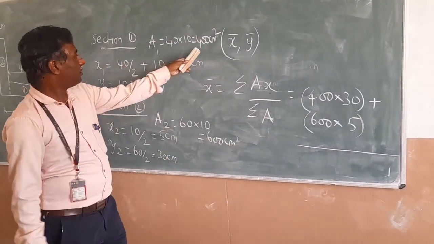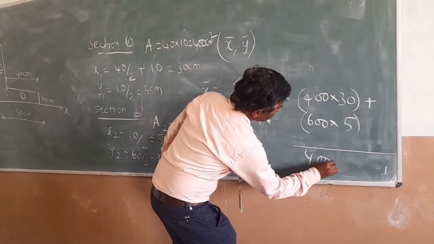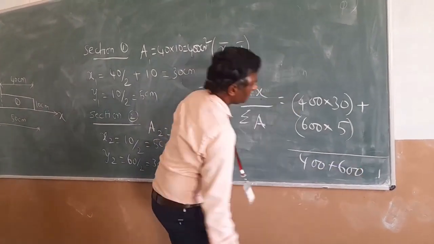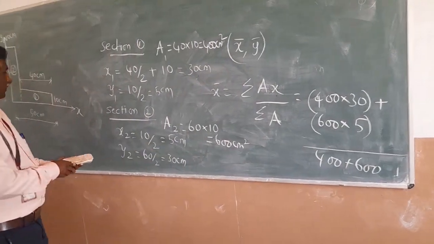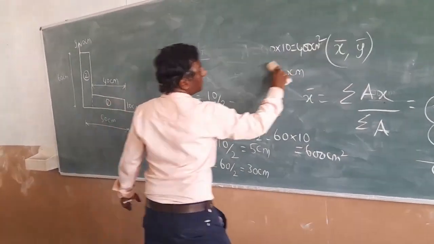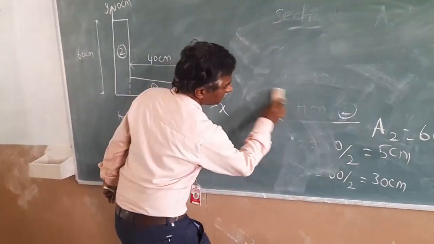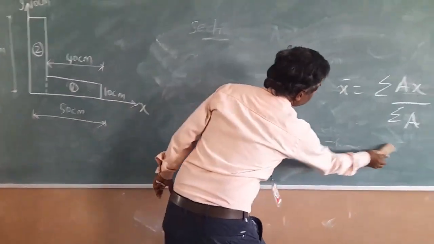Total area is equal to 400 plus 600, which is equal to 1000. Then we will get the answer by substituting all the values and equating it.